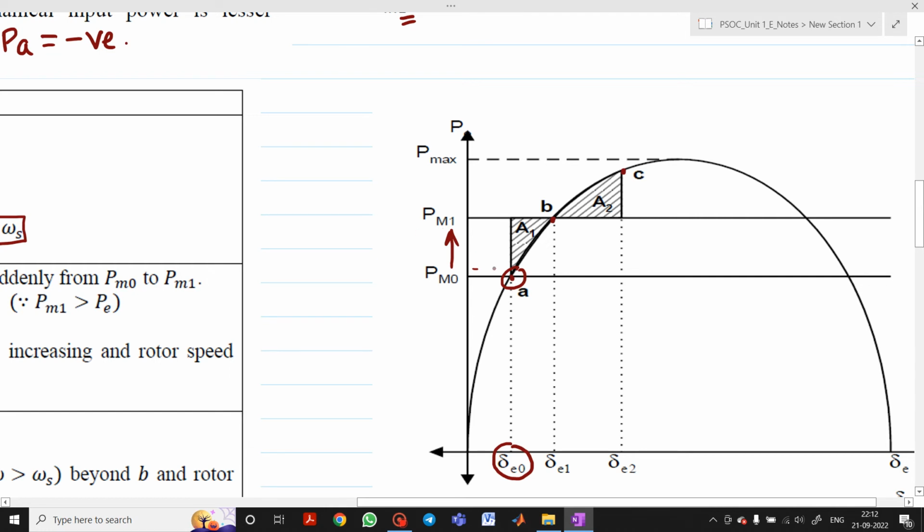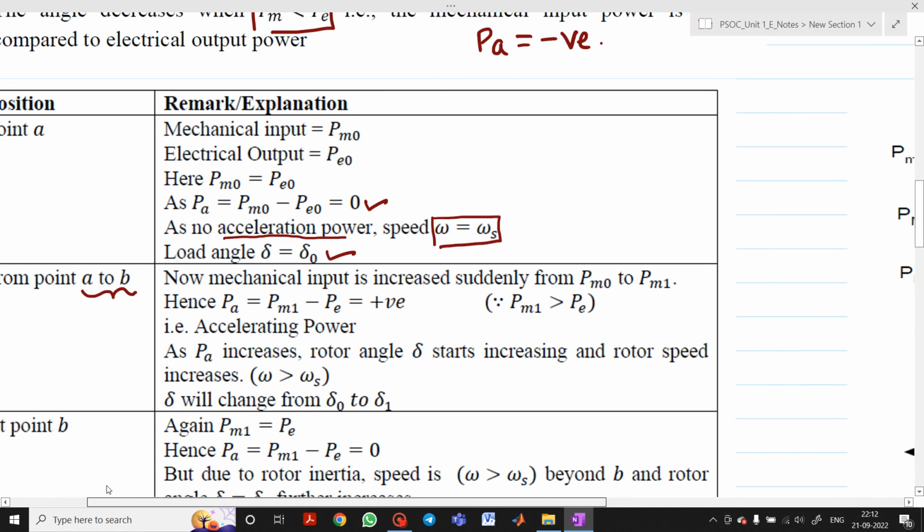What will your accelerating power be? It will be positive. As the accelerating power is positive, the rotor angle, or load angle delta, starts increasing, and the rotor speed will also be increasing, and the speed will be greater than synchronous speed, that is omega s.